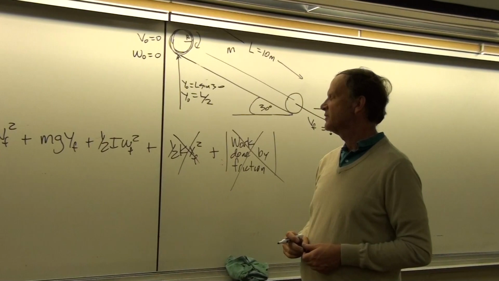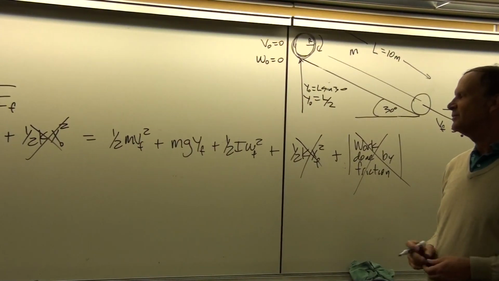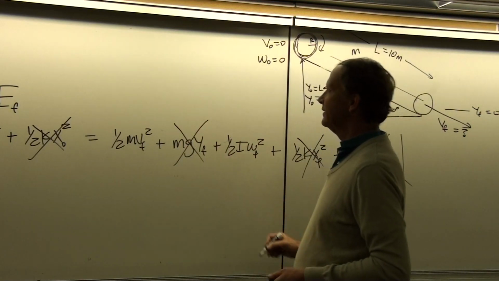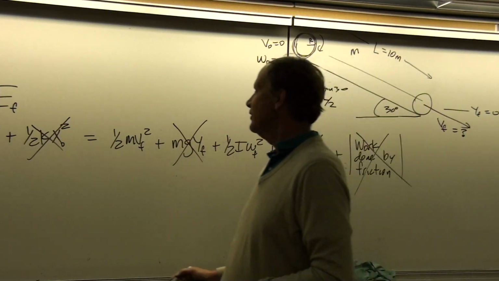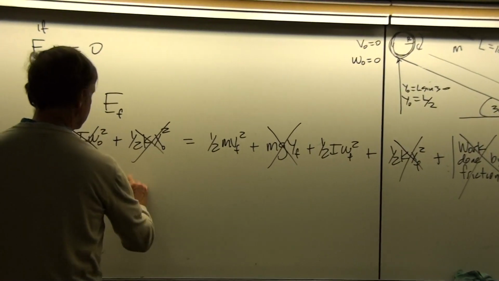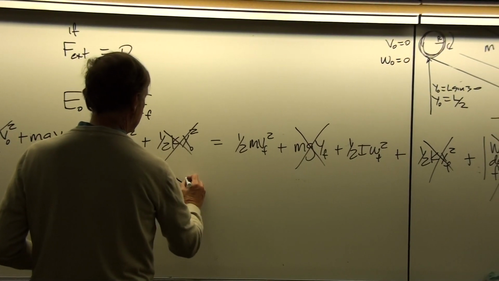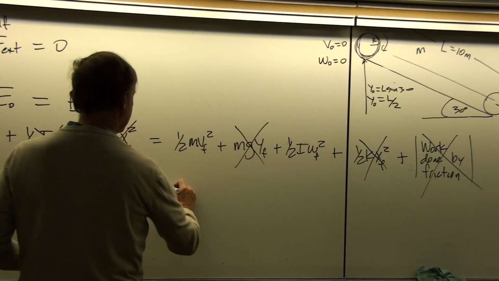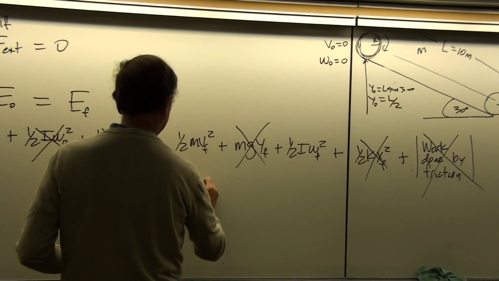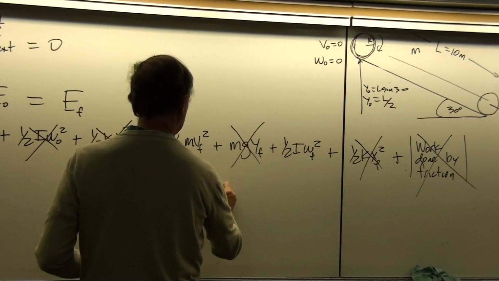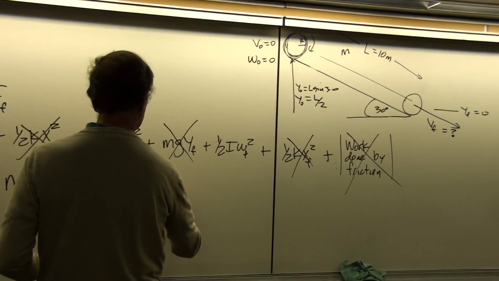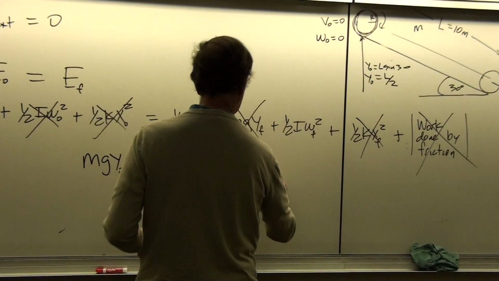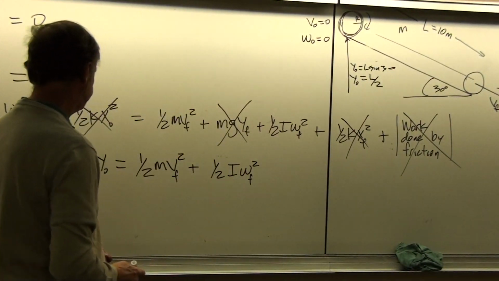The final spring energy is 0 because the initial spring energy is 0. And mg y final is 0 too. So what we're left with then is a much simpler equation. Just potential energy, mg y naught, equals kinetic energy at the center of mass, 1/2 mv final squared, plus rotational kinetic energy, 1/2 I omega final squared.